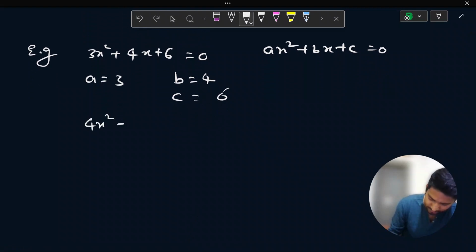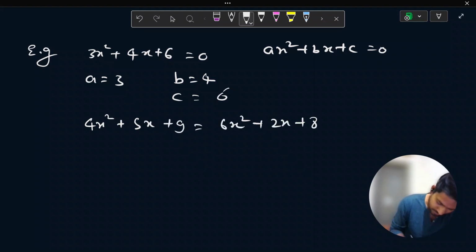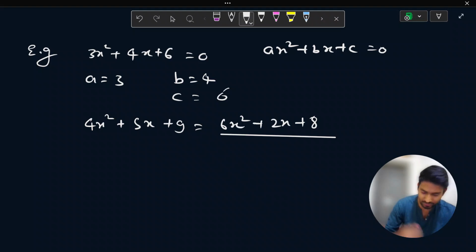Okay, let's see another example. 4x square plus 5x plus 9 is equal to 6x square plus 2x plus 8. We can see that these expressions are not equal to 0, so we have to make it equal to 0. First we have to bring the right hand side terms to the left hand side.